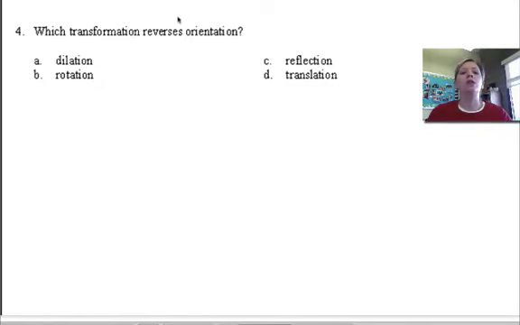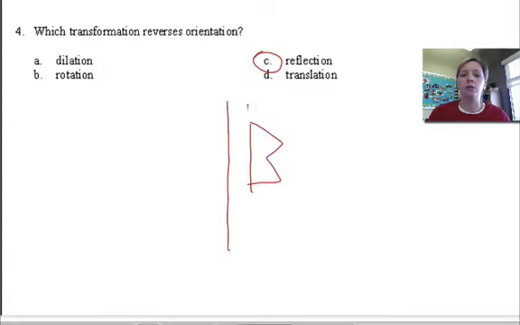Which transformation reverses orientation? Remember, this one was the reflection. So if I had a figure and we had something like this where we had A, B, C, D, and E, if I reflected that over the axis, you can see that the orientation has reversed.